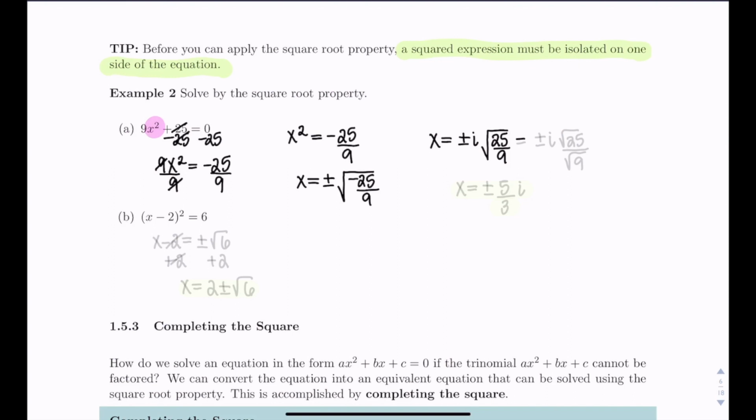So this becomes plus or minus i square root of 25 divided by the square root of 9. And these are both perfect squares, so they'll simplify nicely. So our final answer is x equals plus or minus 5 over 3 i.